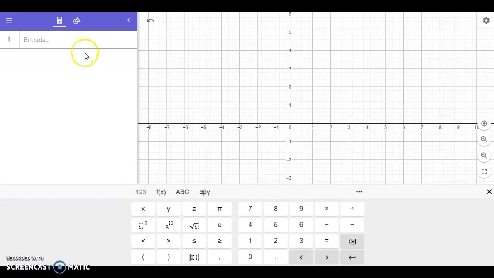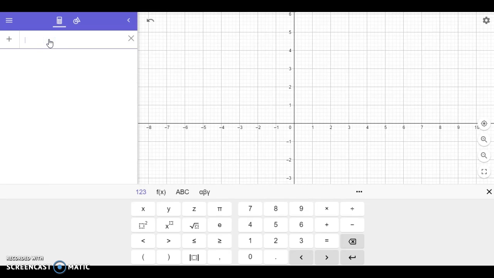All right, for this partial grade, the portfolio consists in explaining how to do a graph on GeoGebra. So let's start. First, I'm gonna use a function that I've already chosen.